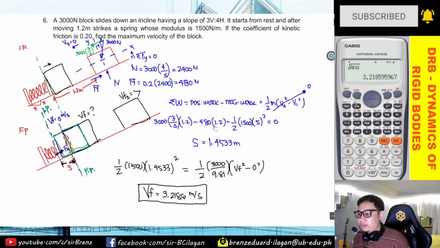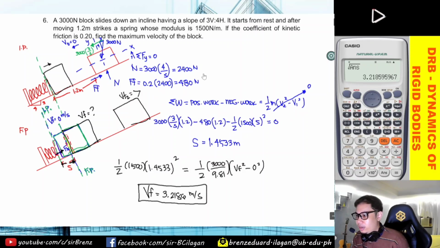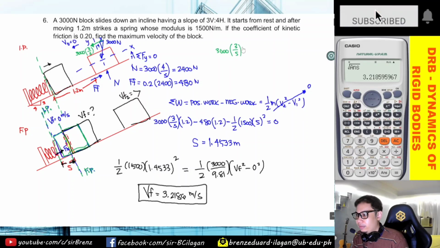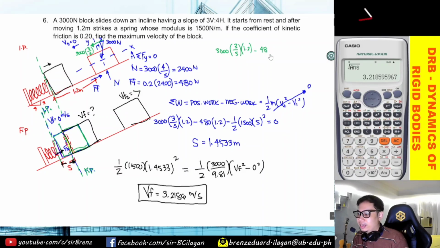Yung positive work tsaka negative work due to the friction. So, copy ko lang to. So, 3,000 times 3 over 5 is 1.2. Check lang natin, maaari kasing ito pa rin yung maximum. So, if less than yung makuha natin dito, wala dun ang maximum velocity.